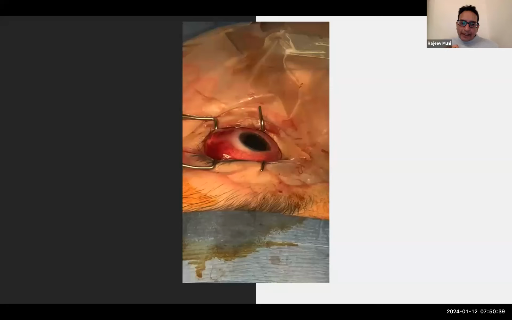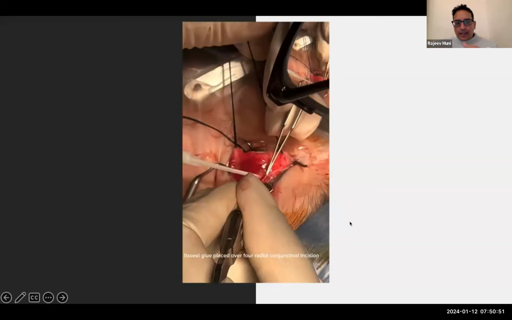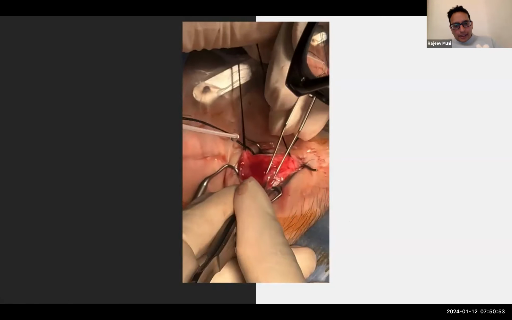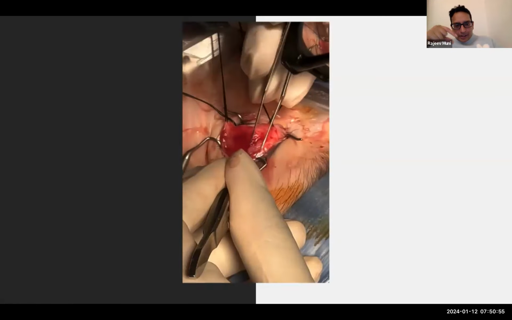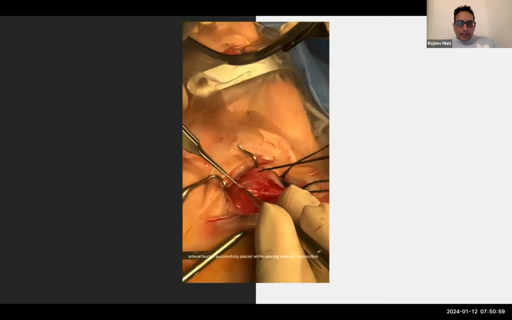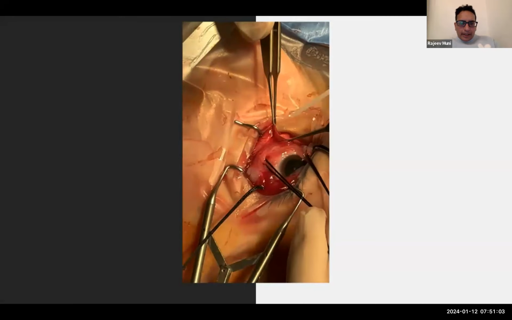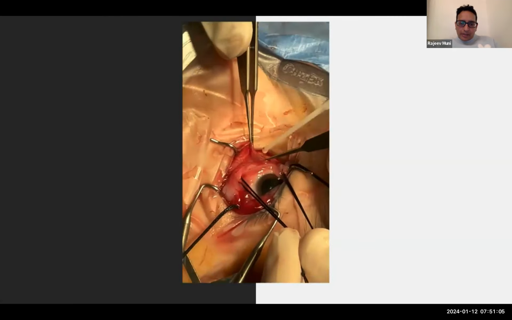At the beginning, the conjunctiva was a little more ragged, and so the glue was nice in cases like that. But as you improve your technique, you'll have a nice little opening there, and you can just use 1 Vicryl suture. So either suturing or TissueSeal glue, and I think even leaving it open is a possibility.